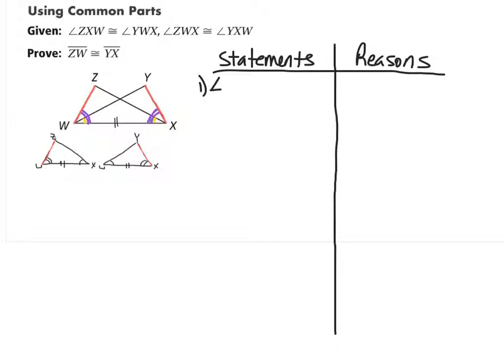So we are given that angle ZXW is congruent to angle YWX. And we're given that angle ZWX is congruent to angle YXW.